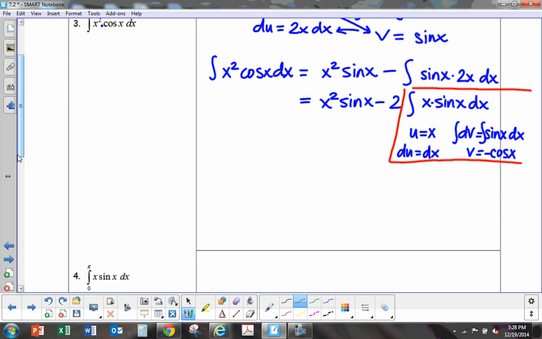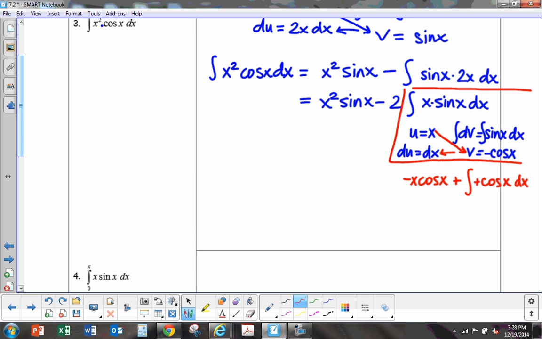And you want to leave it within the problem, so it'll become uv, negative x cosine of x, minus the integral of, and go across, v du. So negative cosine of x dx. I'm going to change that to a plus, my double negative.